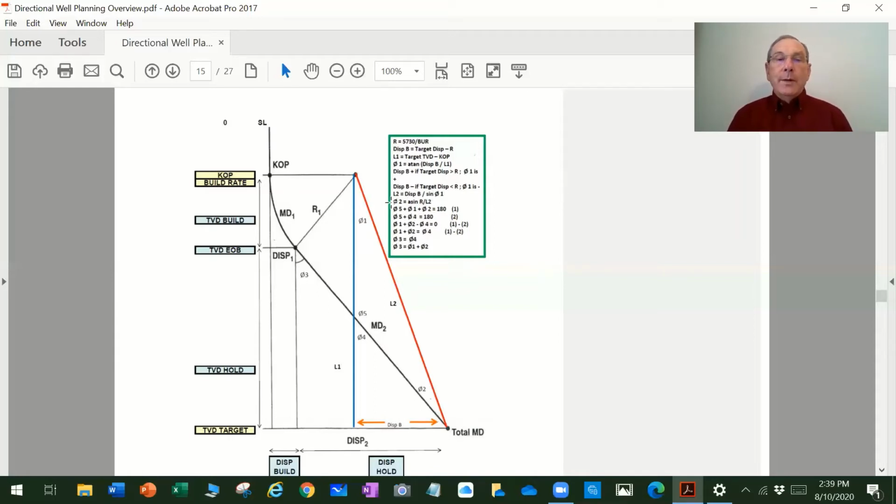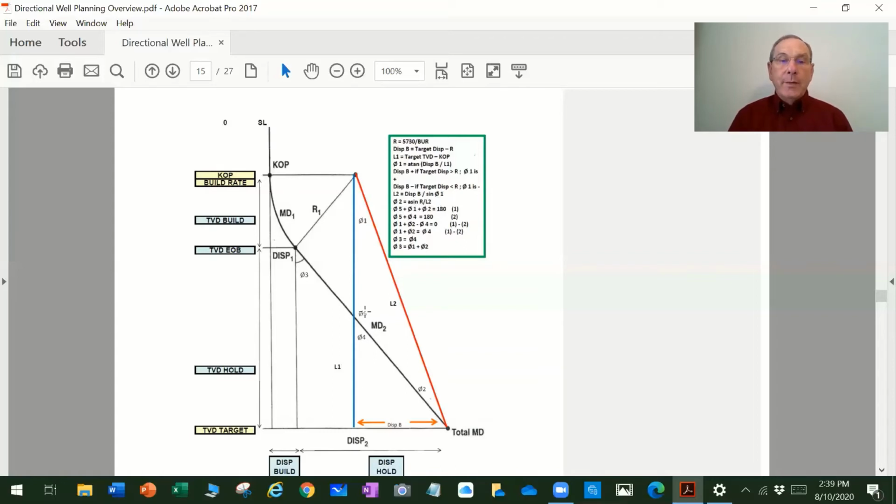So the angle number 2 is equal to the arc sine of R divided by L2. So that would be the angle number 2. Now angle number 5 plus angle number 1 plus angle number 2 equals 180 degrees.